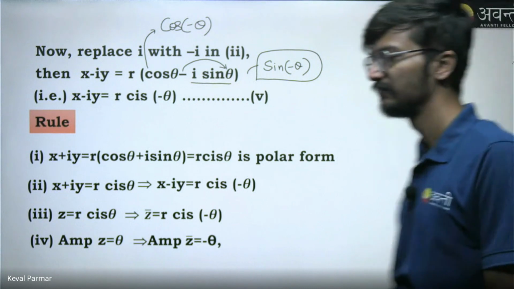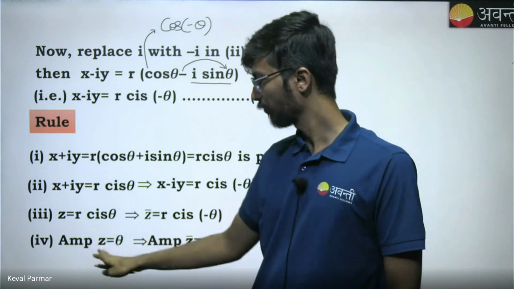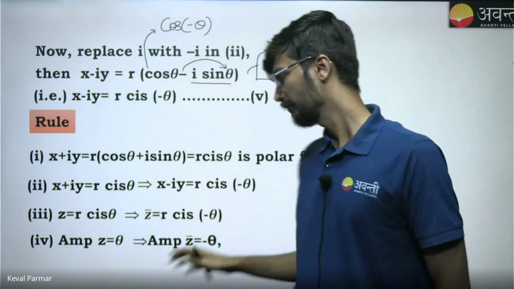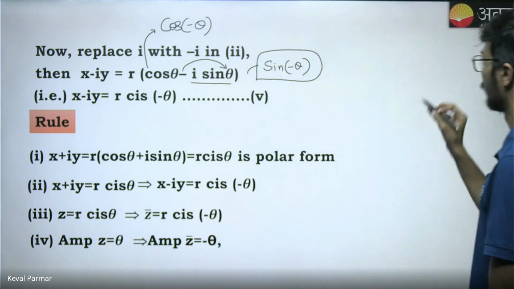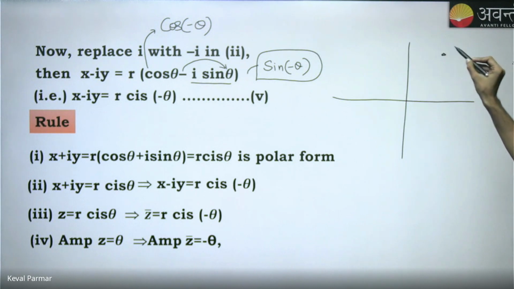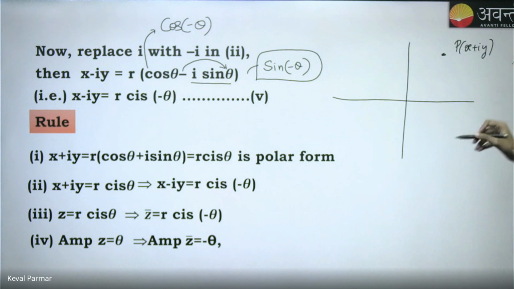And we have seen this in the argument of complex number, that if amplitude of a complex number is theta, then amplitude of its conjugate is minus theta. Let me remind you why. Because if z is a point in the first quadrant, which is x plus iy, represented by P, then its conjugate z bar will be represented by P dash, which is x minus iy.